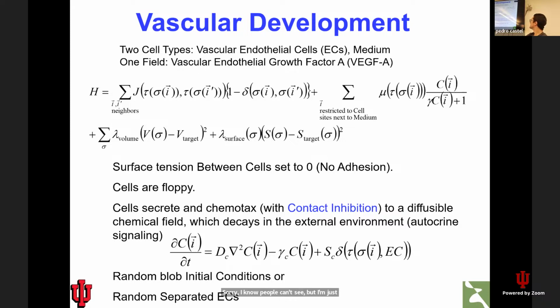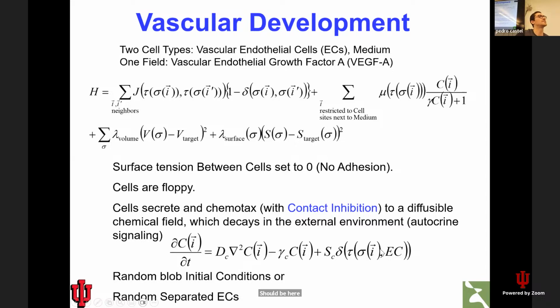It's the wrong way to write tau. Tau is taking sigma, what is it, I, and is this correct? Oh, wait. I'm so sorry, there is a mistake here. I think this parenthesis over here should be here. Okay.